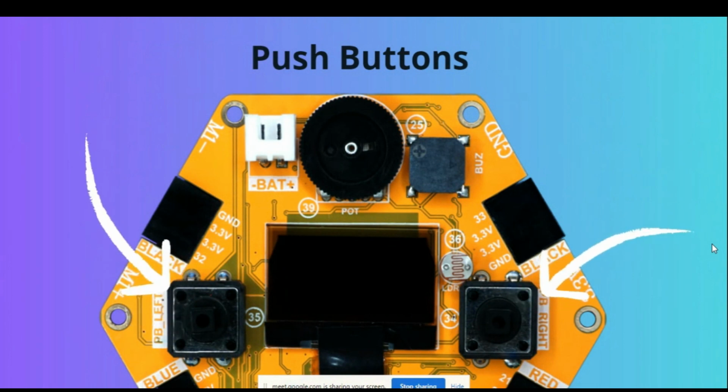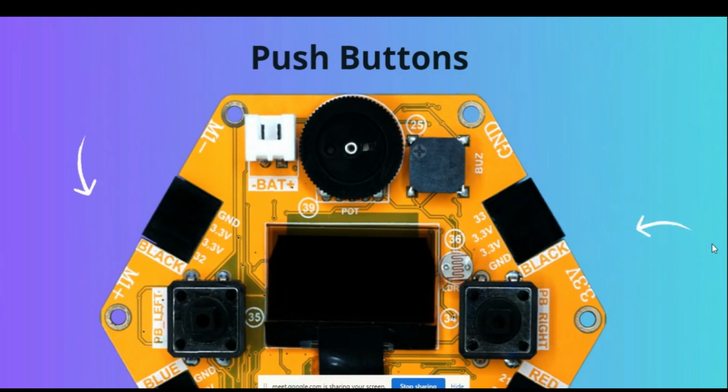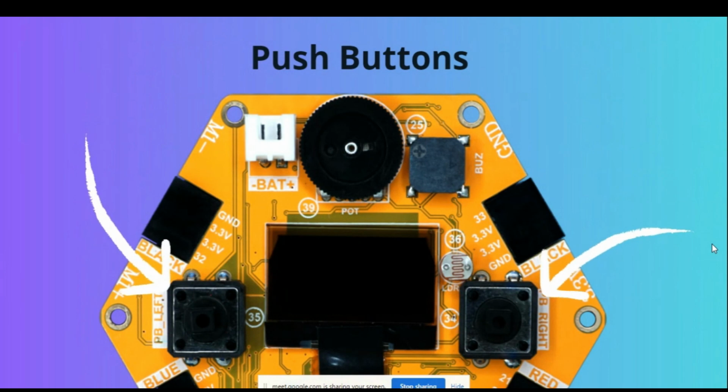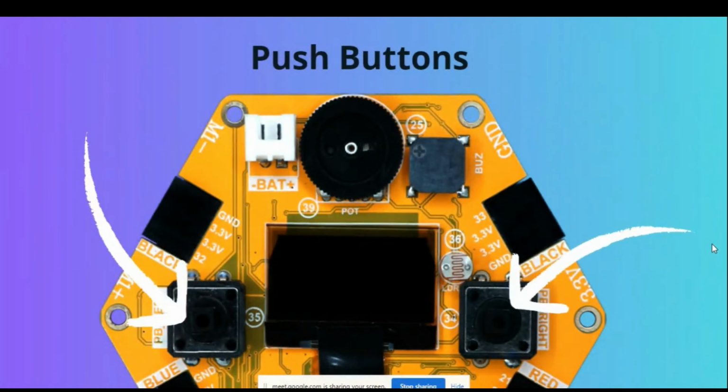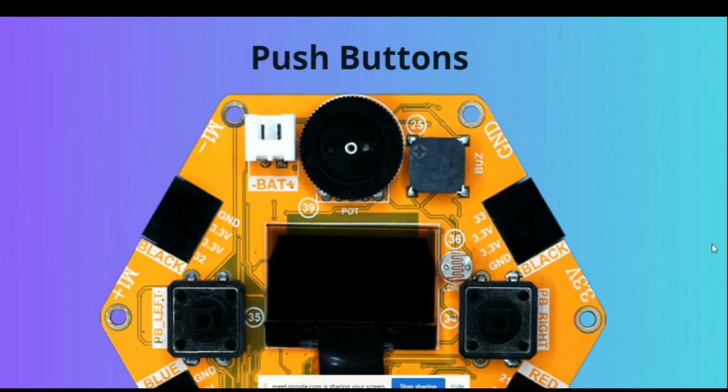So using those two push buttons, we are going to control the LEDs on the Magicbit. That is why I called this activity a remote control or a joystick. In remote controls or joysticks also, we control everything by pressing buttons or by moving or handling the joystick. So that is why we use that name here.